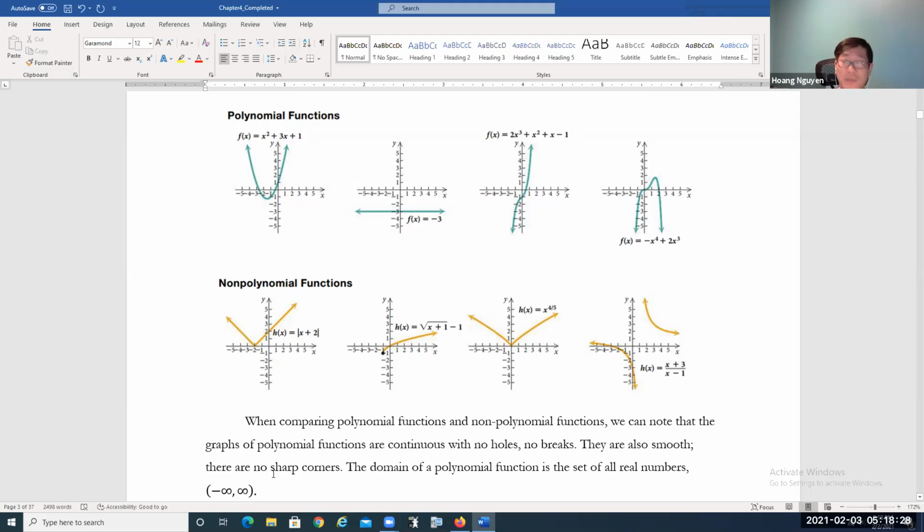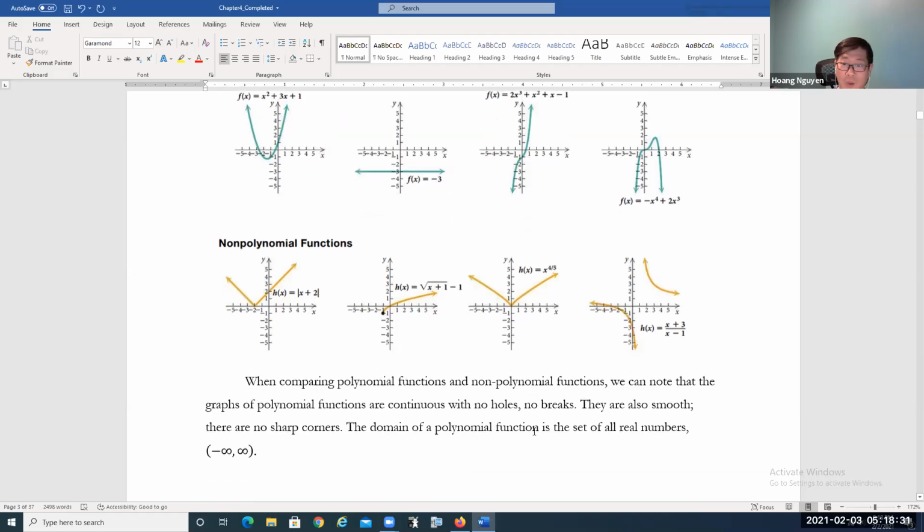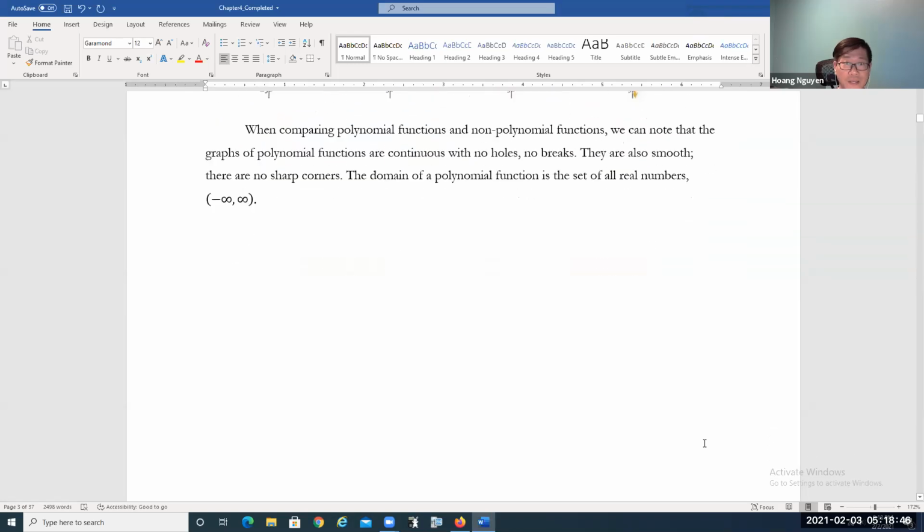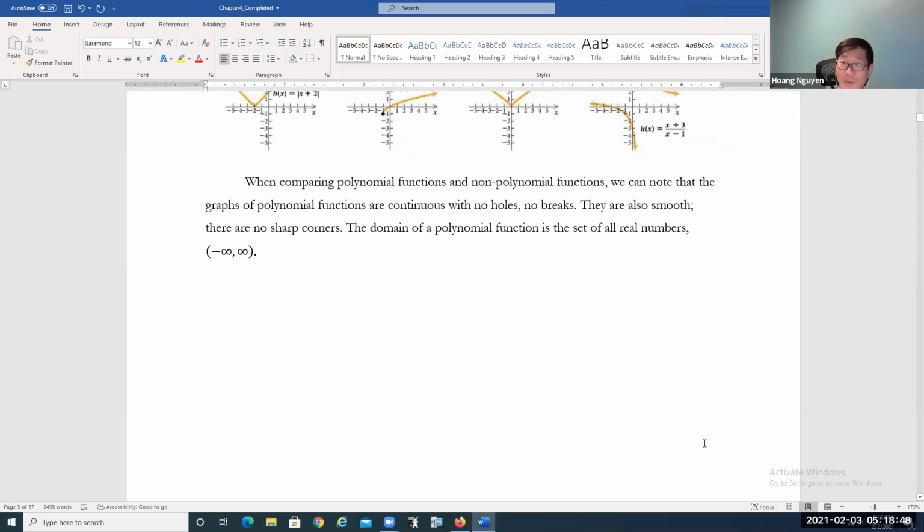There's no sharp corner. The domain of the polynomial function is the set of real numbers, from negative infinity to positive infinity.